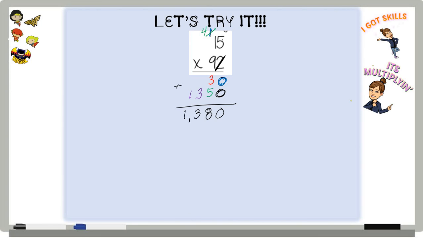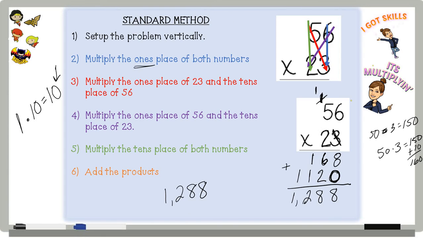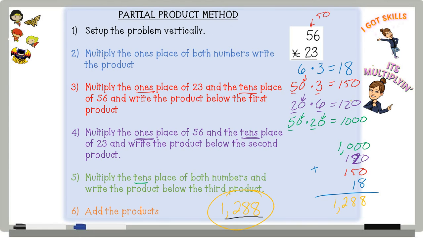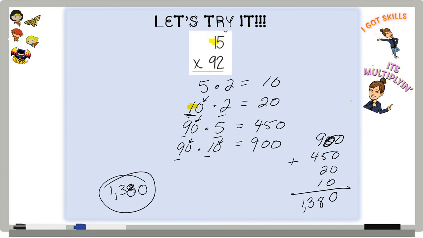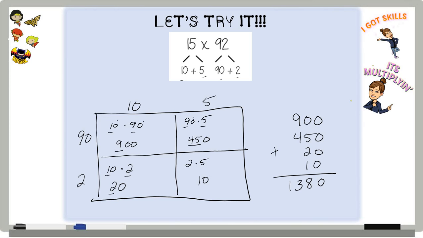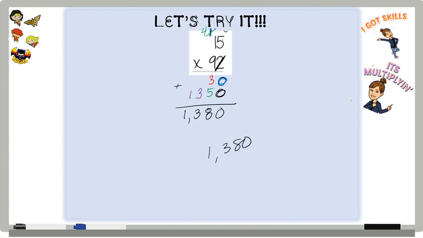Nothing to add to the 3, nothing to add to the 1, so I get 1,380. Again, if you go back and check the other ones, 1,380.